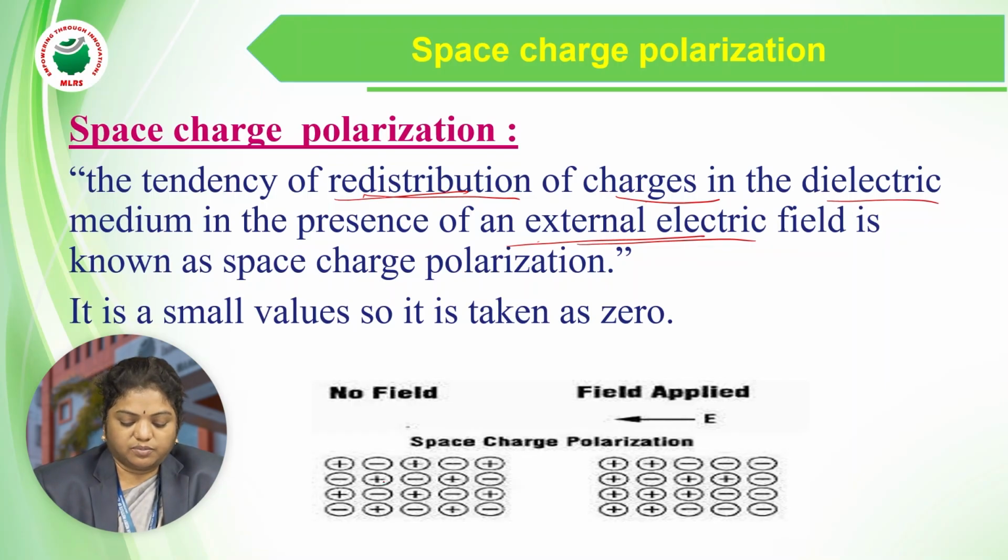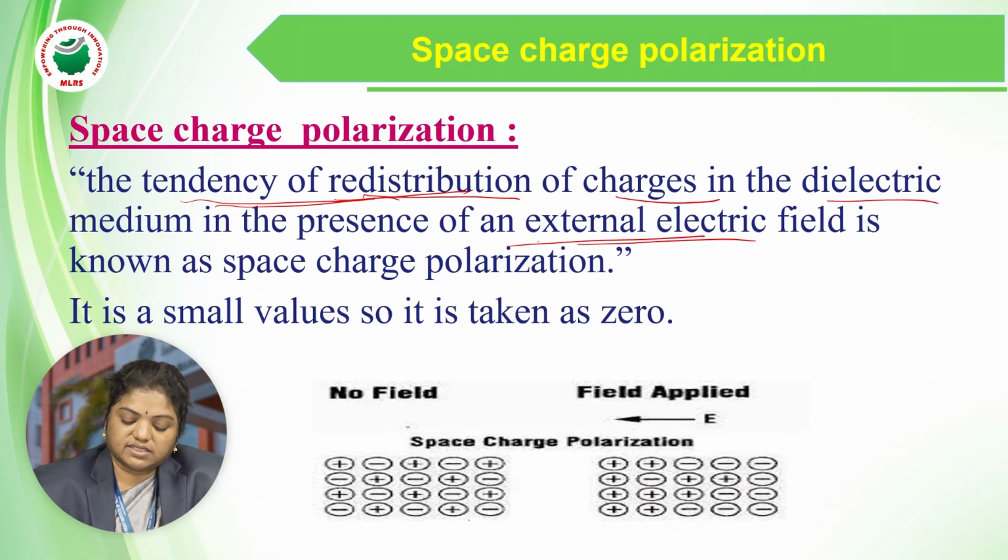When there is no electric field, all charges are randomly placed. Whenever we apply the electric field, they change their tendency of redistribution. That means all are oriented along the direction of the electric field.